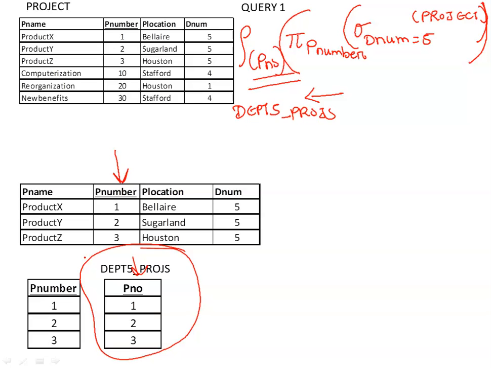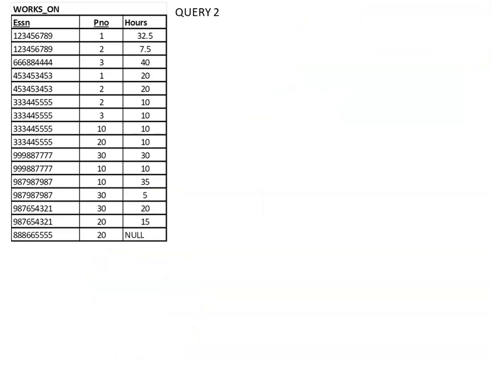Now next step is to identify who is working on all these 3 projects, which are the employees working on project 1 and 2 and 3. So referring to the works on table, now over here what I will do is I will pick up the required information. I require which employee working on which project.